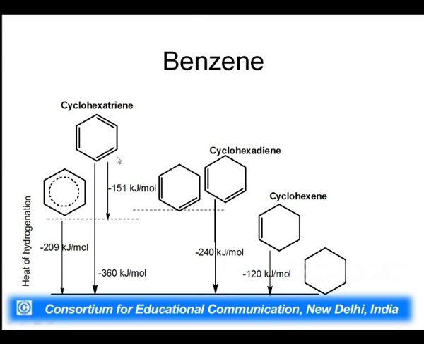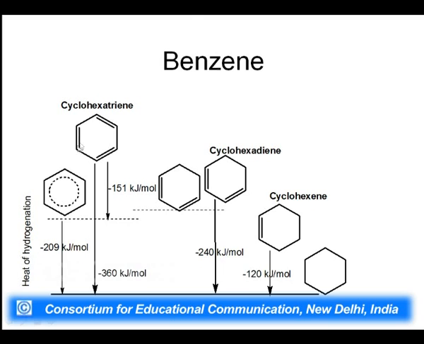This is further confirmed when the experiment was done on benzene. Now benzene, if it was cyclohexatriene, should have released 360 kilojoule per mole, but actually benzene released only 209 kilojoule or so per mole. Hence benzene was not cyclohexatriene.